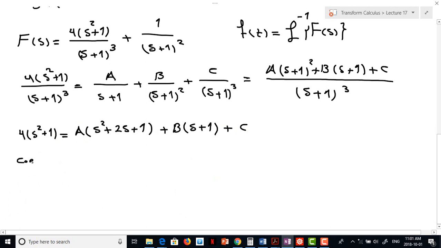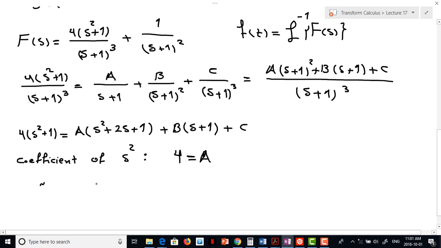On the left hand side we have 4s squared, so we have 4. On the right hand side we have A times s squared, so A is equal to 4.